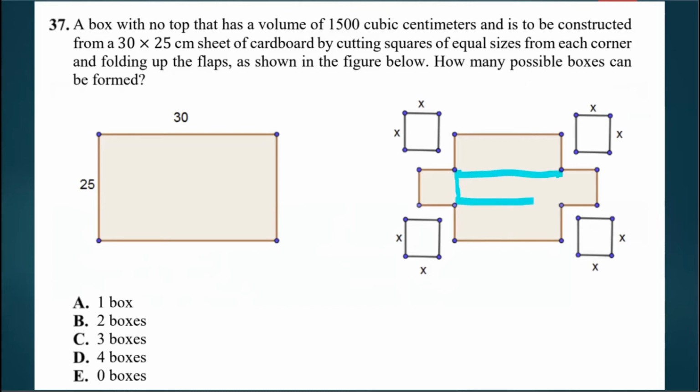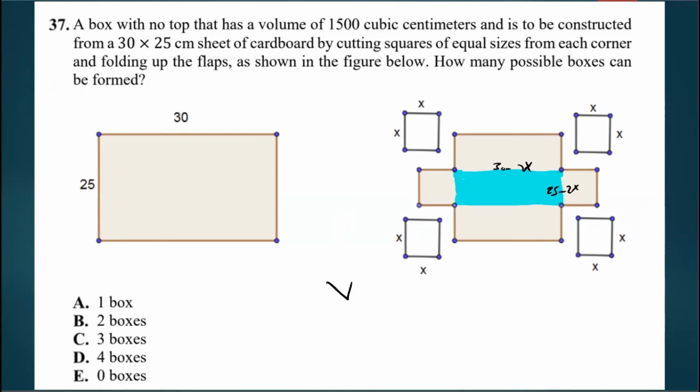If you think about the base, you will reveal 2 of the dimensions. The height is already x. So if the original width was 30, this is 30 minus 2x, and the length was 25, so this will be 25 minus 2x, because up x and down x.